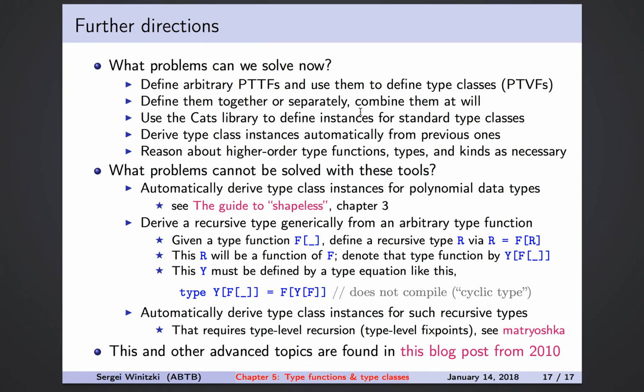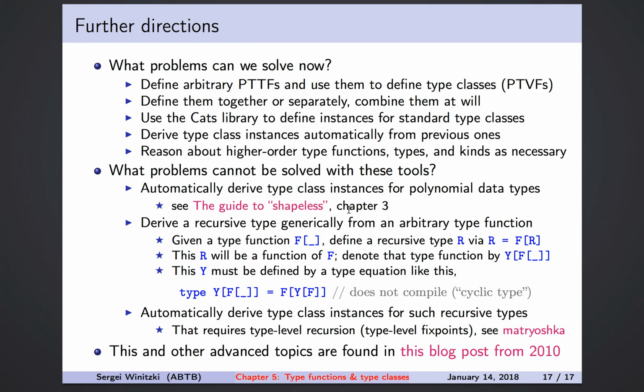This requires more advanced tools, which are available in the Shapeless library, and I have a link to a book, online book, a guide to Shapeless, where it is explained in depth how automatic derivation of type class instances works in the Shapeless library.